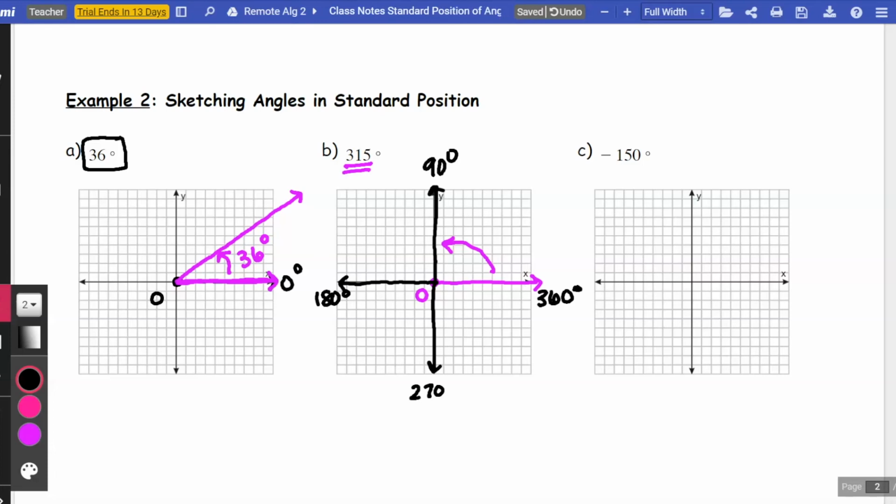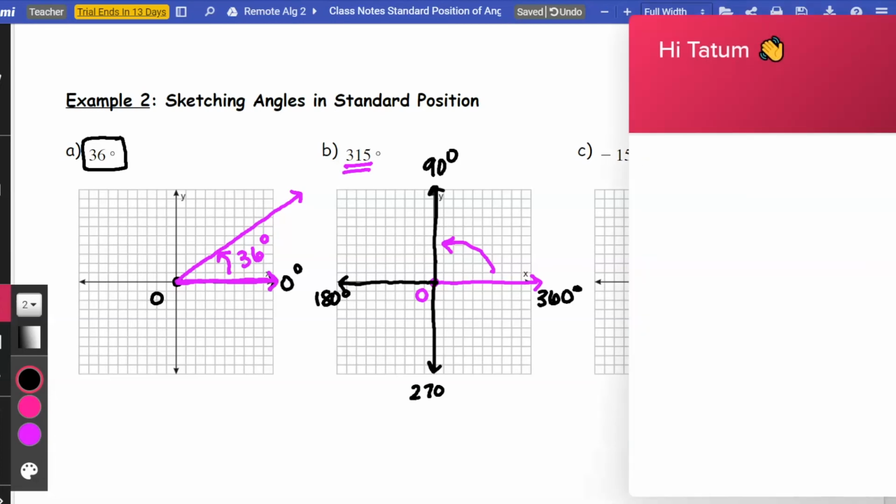So 315 is between 270 and 360. If I wanted to divide this into thirds, because there are 90 degrees between 270 and 360, I'm going to have thirds in between there.